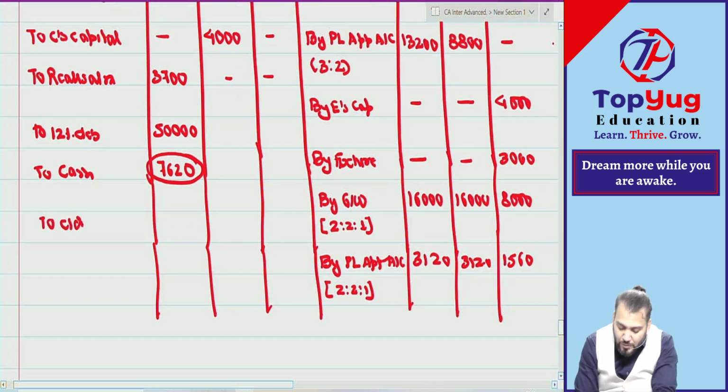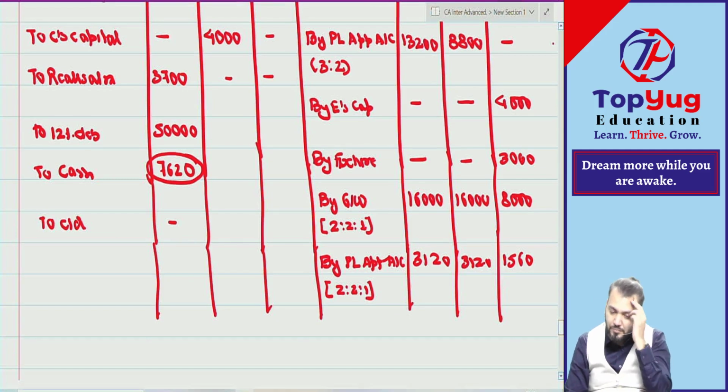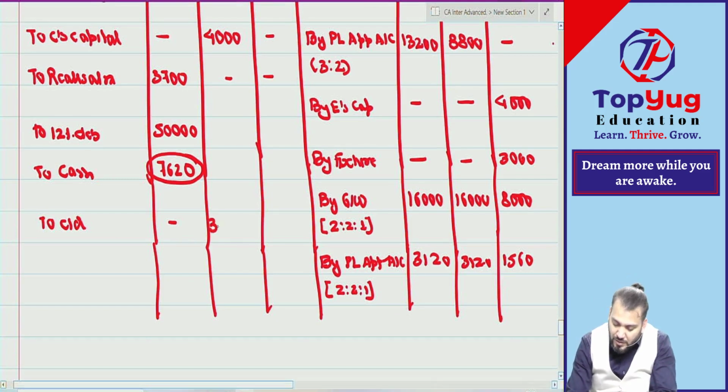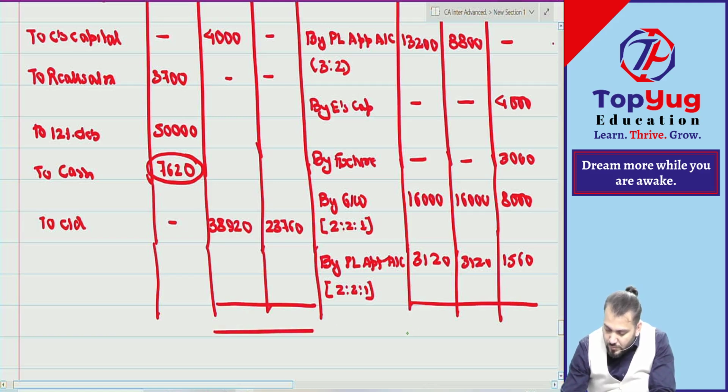Now can you give me the closing balance of the other two partners? 38,920 and 23,760. Is it correct?